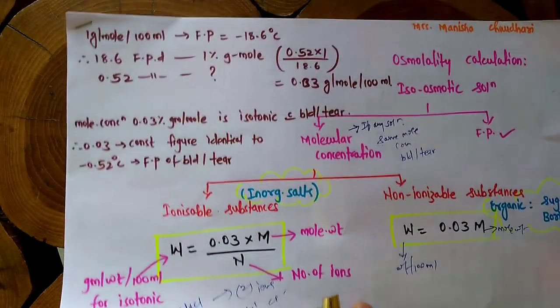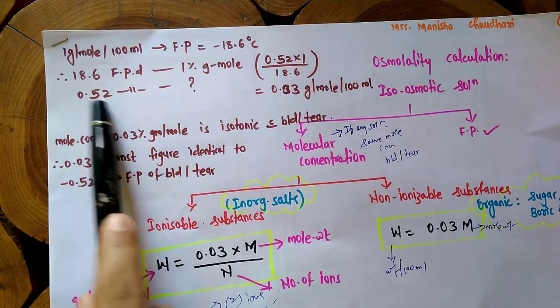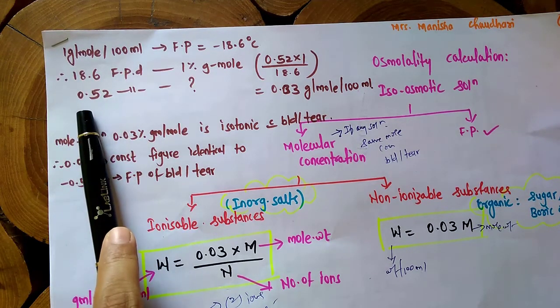Now, in the case of molecular concentration formulas, let us first see how this 0.03 is derived. As you all know from the freezing point, blood or tear freeze at −0.52 degrees Celsius.